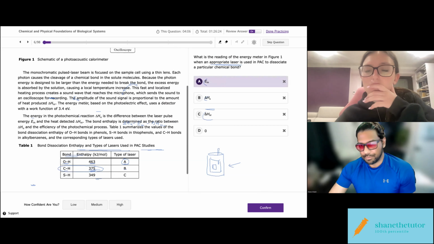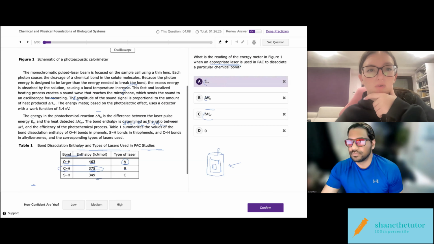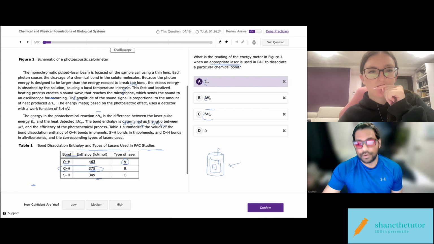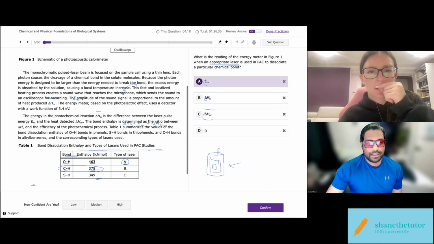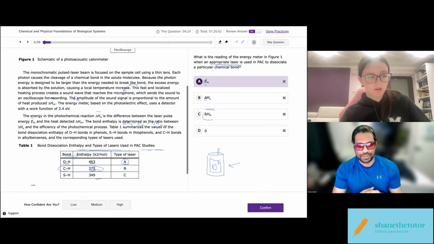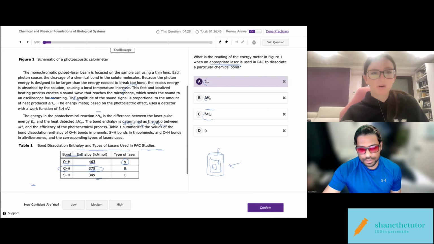So when it's the correct laser, then there's no energy being produced because the enthalpy matches. You're on the right track. So I wanted to say, what if we used an inappropriate laser? It wouldn't be as efficient.